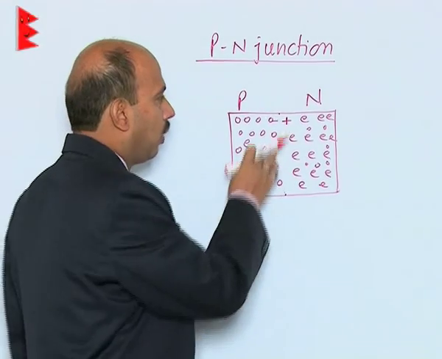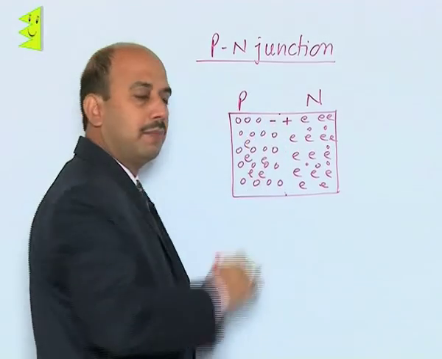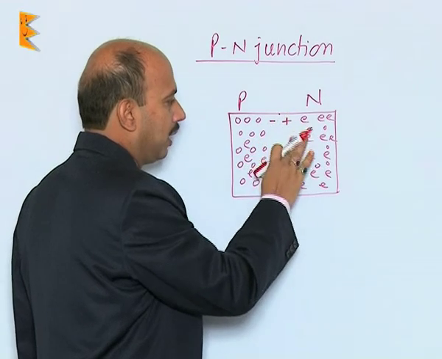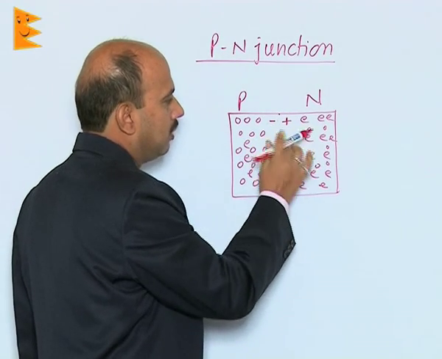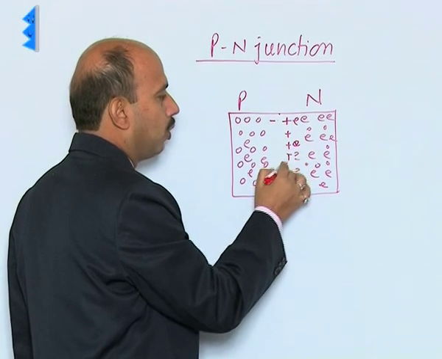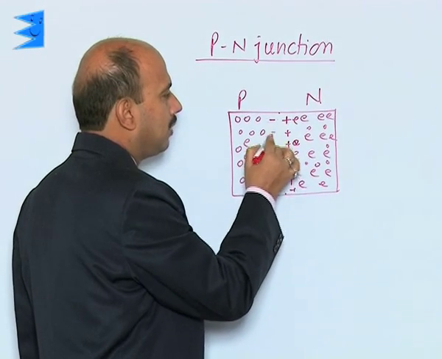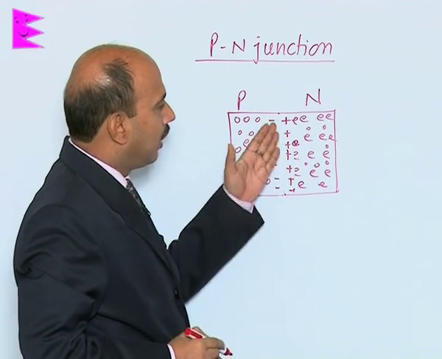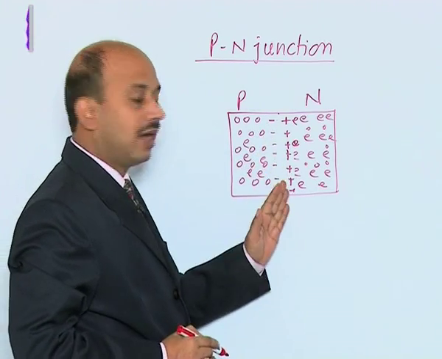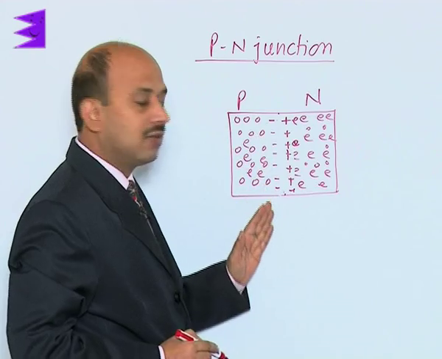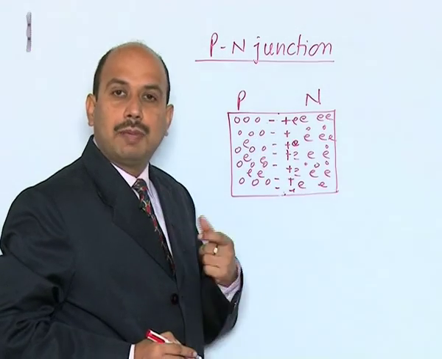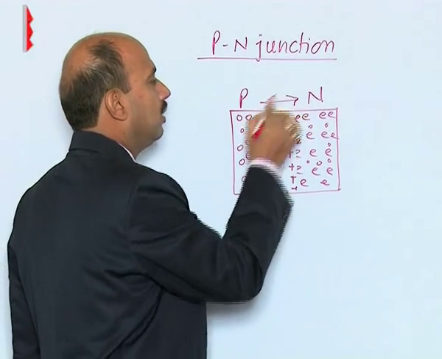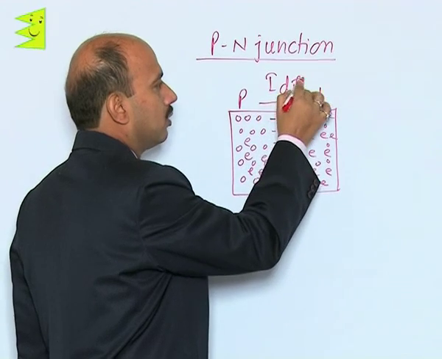When one hole diffuses from the other side, one negative ion is left behind, from the acceptor. With more and more diffusion, at the junction the n side gets positive ions and the p side gets negative ions. Because of this diffusion of electrons, a current flows, and that is called I diffusion.